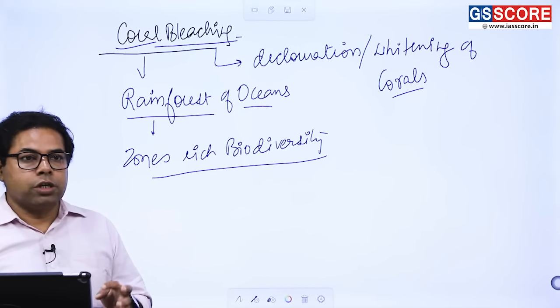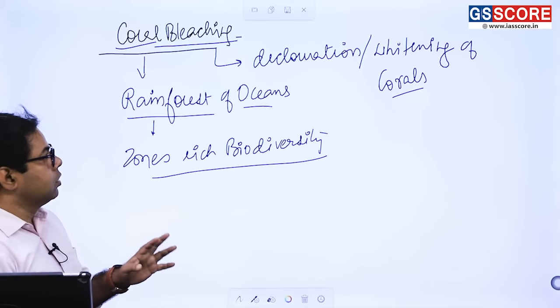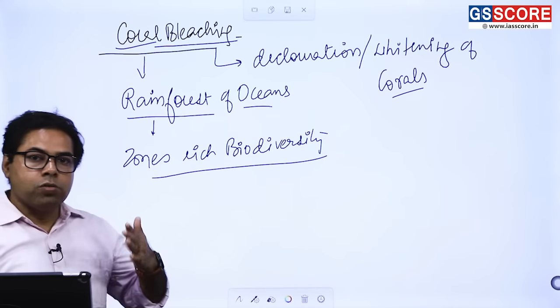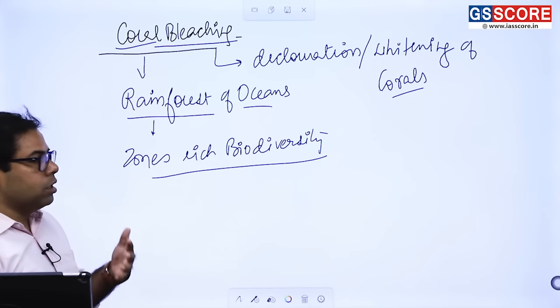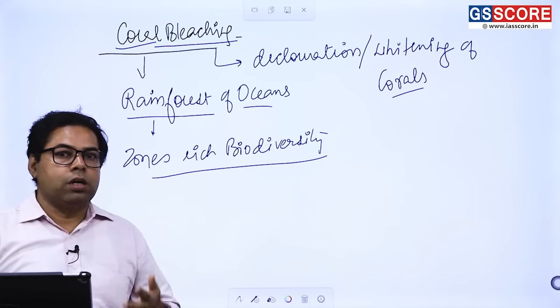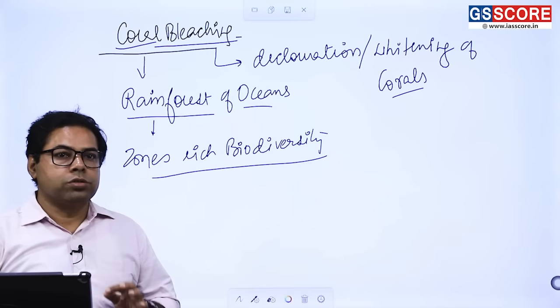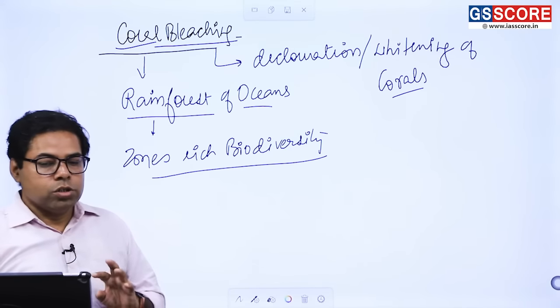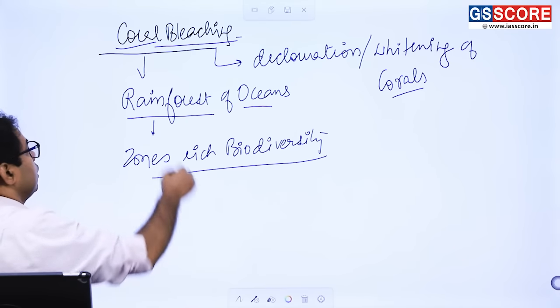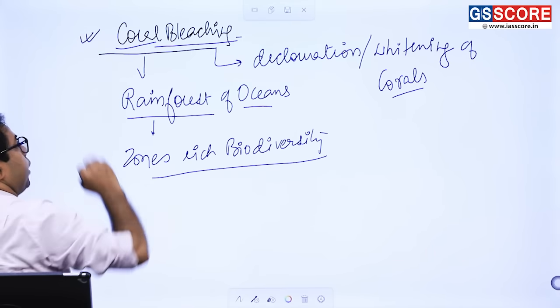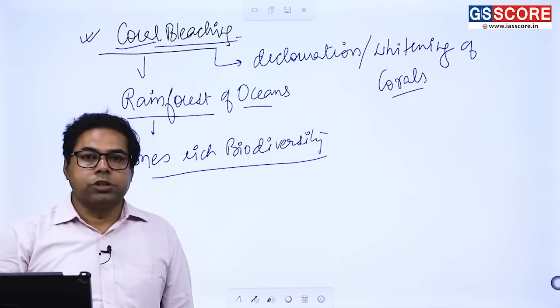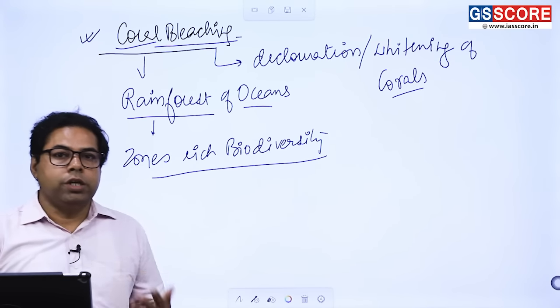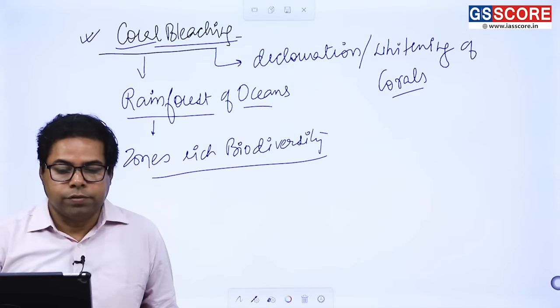Decoloration is the adverse impact on the corals. If the corals die, the other species or other life in the oceans shall also disappear or start dying. So coral bleaching shall be an adverse impact for the oceans because of ocean heat waves or marine heat waves.